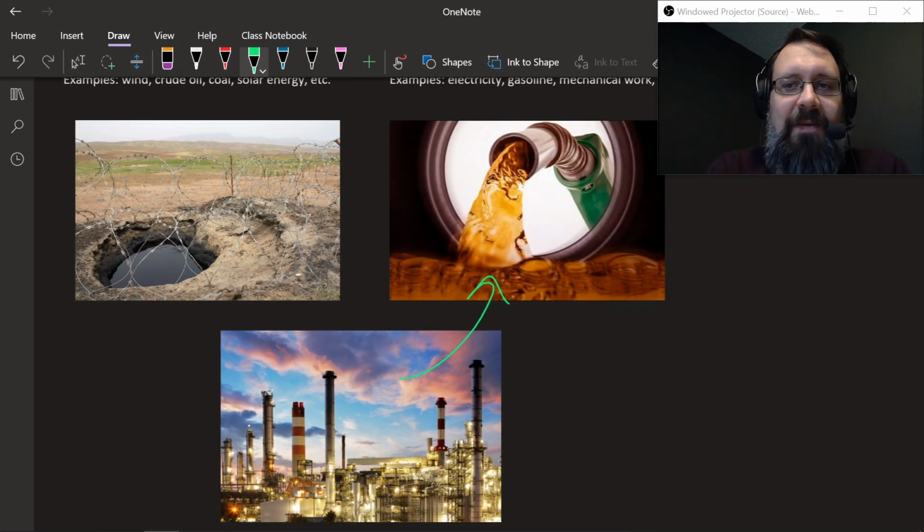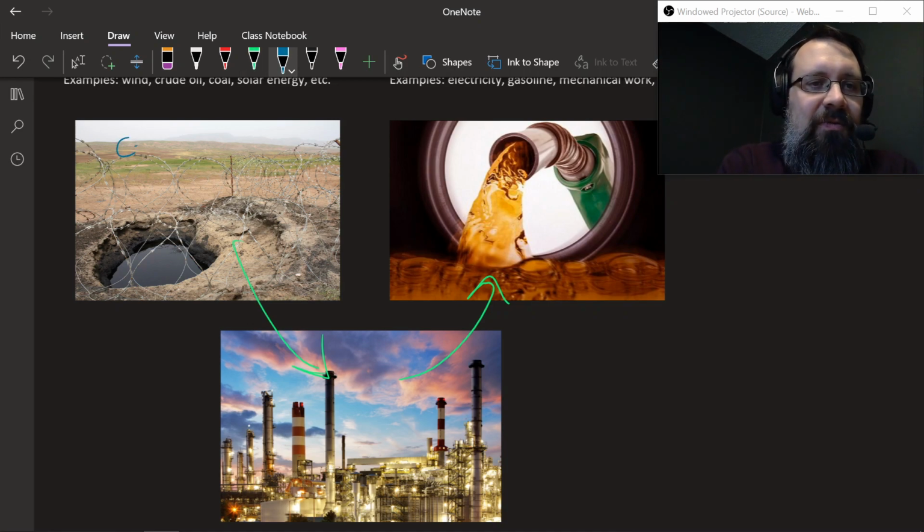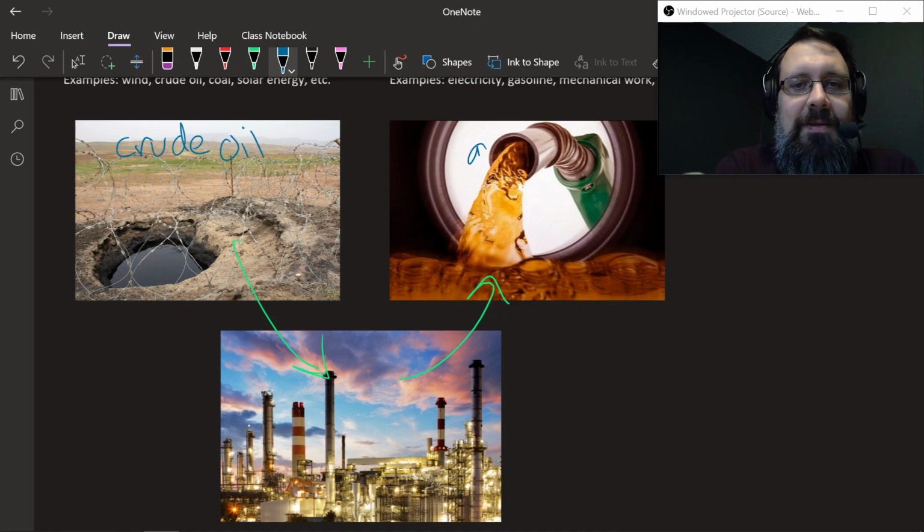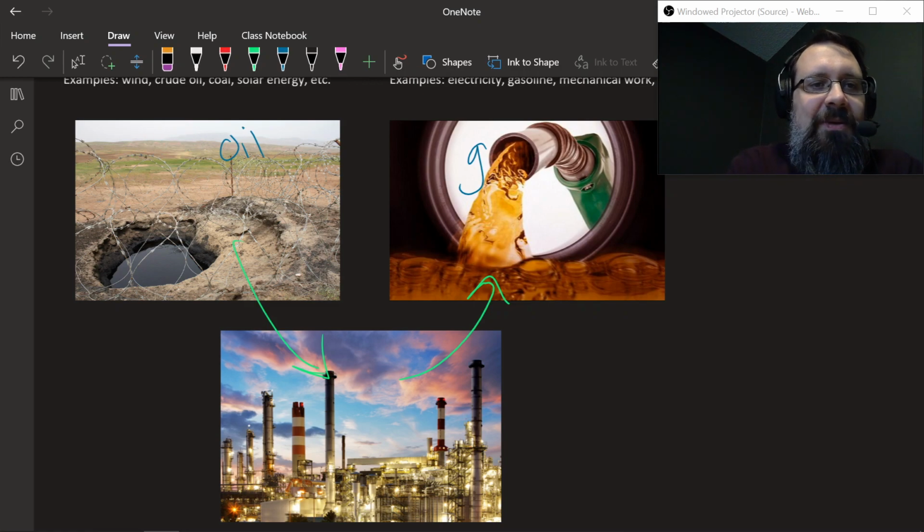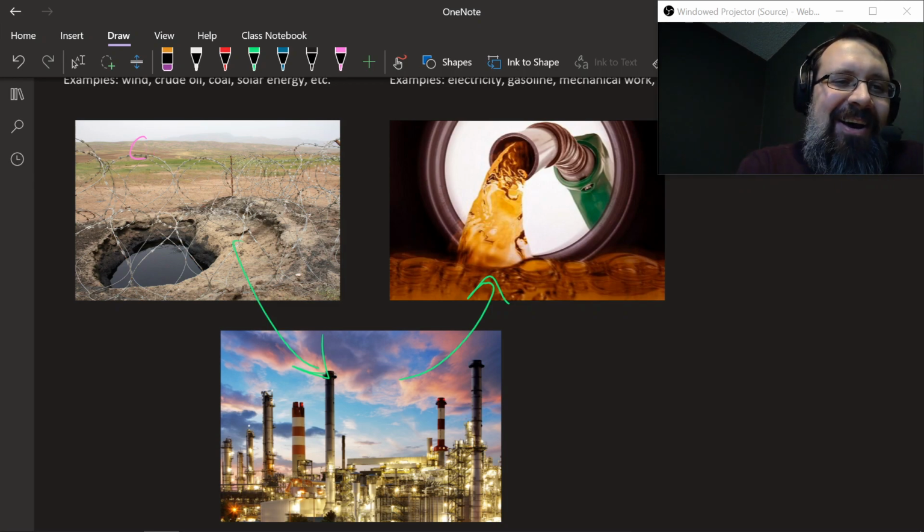But what does the refinery need? Well, it needs crude oil that comes out of the ground. So which of these here? So this is the crude oil. This is gasoline. I can't even read any of this. Let me try using a brighter color. Maybe that'll work. Over here, I can't read that either, but I'll write it on here. Here we go. Crude oil. Use black.